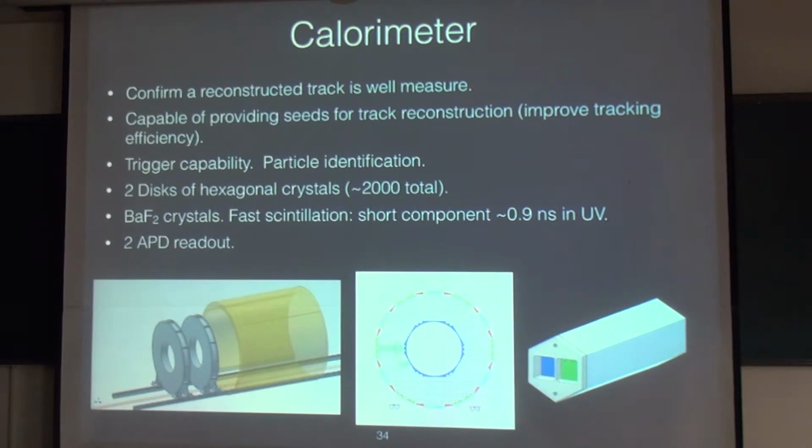The reason for this design is that the track may miss in the middle. The spiral goes to the middle, and we want to capture those that are missed by the first one.